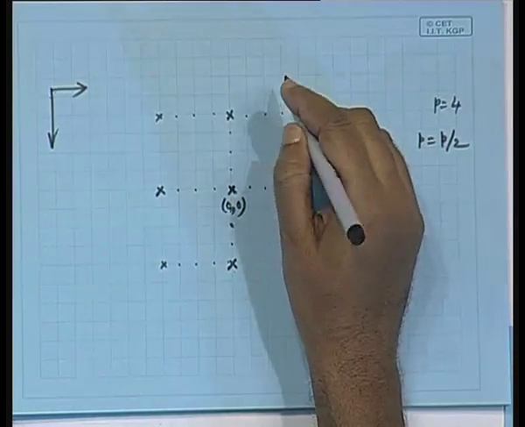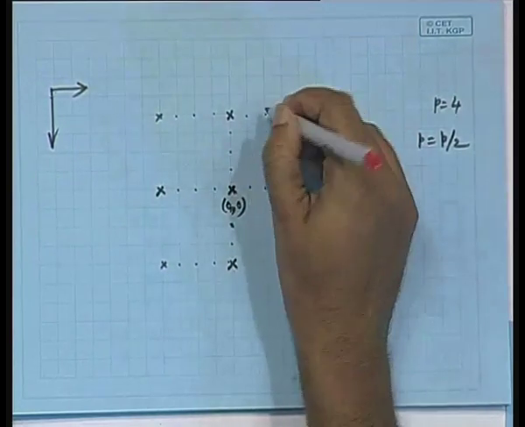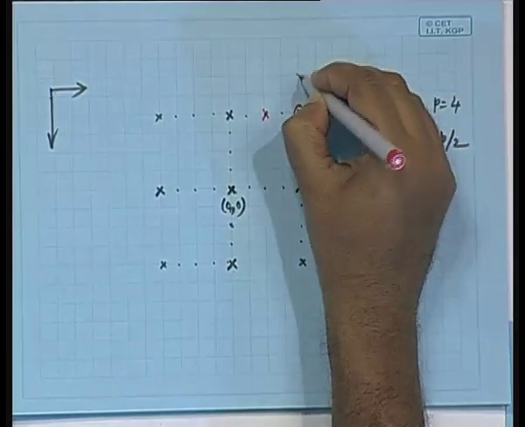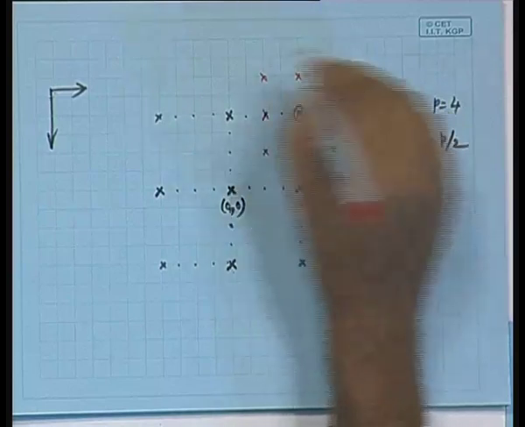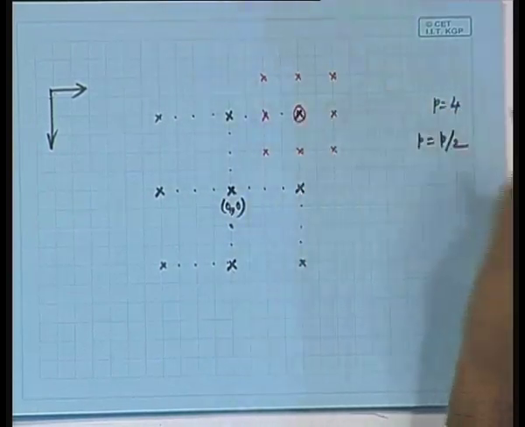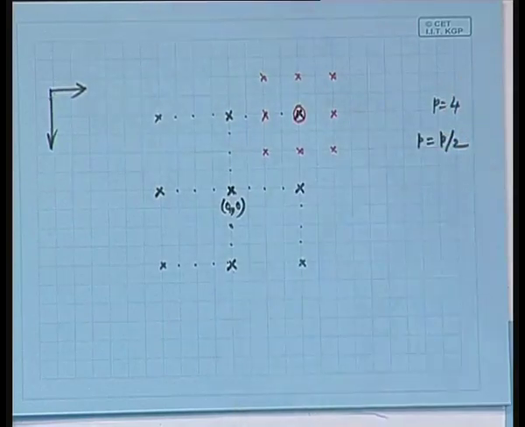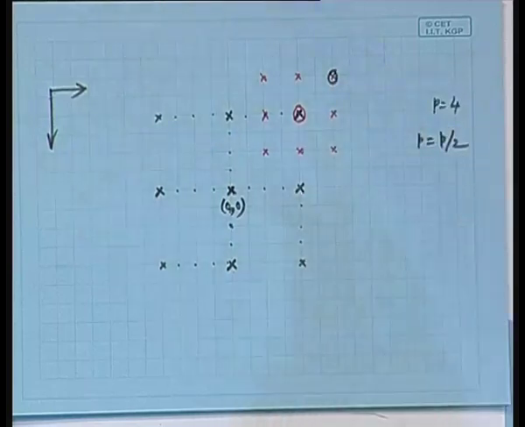In the second iteration you search here, here, here, here, here, here, here and here, again 9 positions, and of course the center is also included. Now, let us say that we have found the minimum at this position.